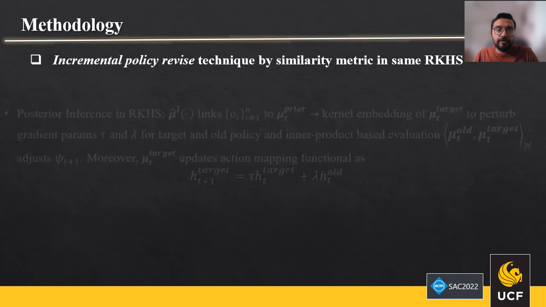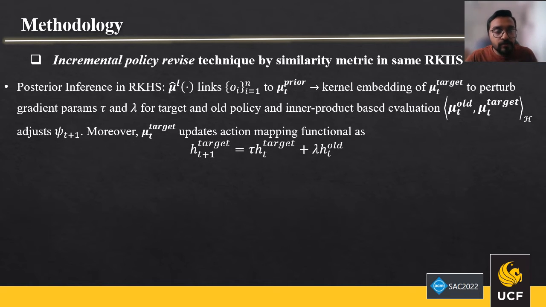Now we talk about the incremental policy revise technique. Posterior estimation or inference is a probabilistic estimation to adapt or revise the prior based on the current observations. So here we link the likelihood estimations with the prior to get the kernel embedding of mu t target, which essentially perturbs our gradient params tau and lambda for the target and old policy.